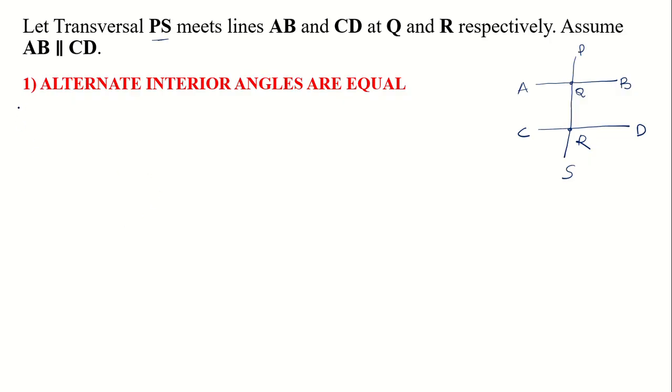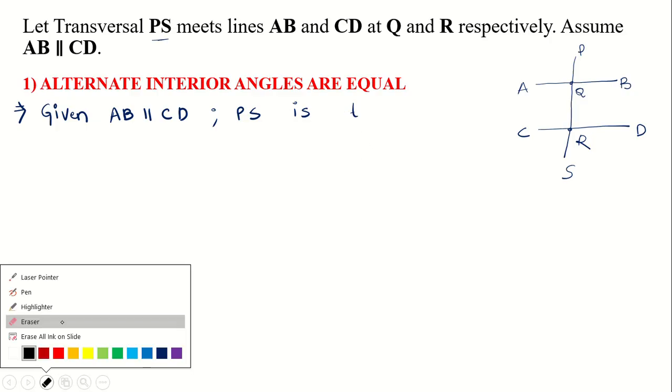First, let us write what is given. It is given that AB is parallel to CD and PS is transversal.